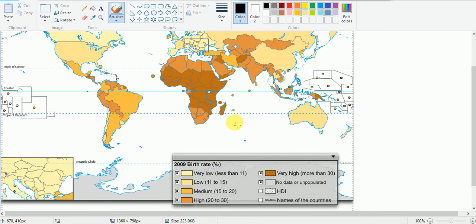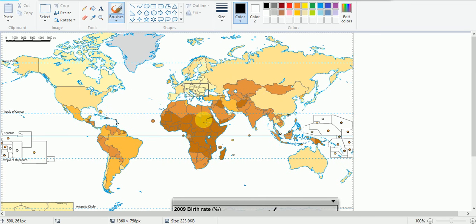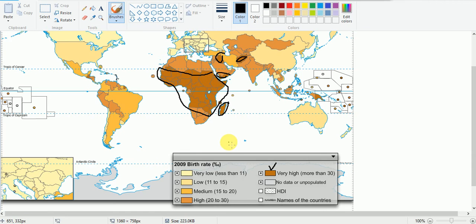The darker one shows a very high birth rate, more than 30 per thousand. When you see the map, most of the African countries, including Madagascar, some countries in the Arabian Peninsula, then Afghanistan, all these countries have a very high birth rate.